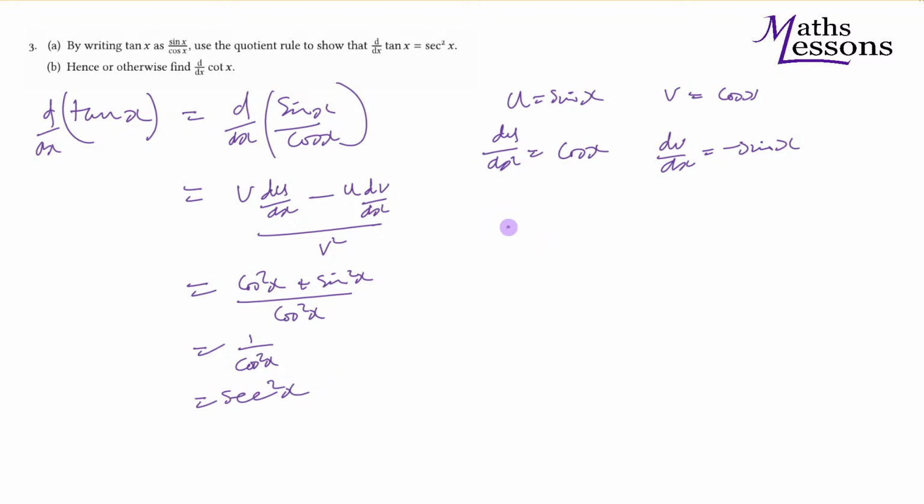Similarly, we can work out d dx of cot x. I won't do quite so much detail. Well, I'll do a little bit of the working. So cot is equal to cos x over sine x. We just got to realise, actually, I'm writing these the other way around. So cos is my u, and du by dx is minus sine x, and v is my sine x, and dv by dx is going to be cos x. And so therefore we differentiate that. We're going to get v du by dx. So my v is now going to be sine x, and my du by dx will be minus sine x.